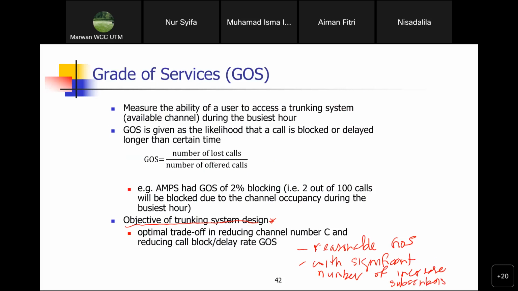This is the design objective: you want the trade-off between the two, the capacity versus the GOS. Until here, any question, anything that you want to ask?